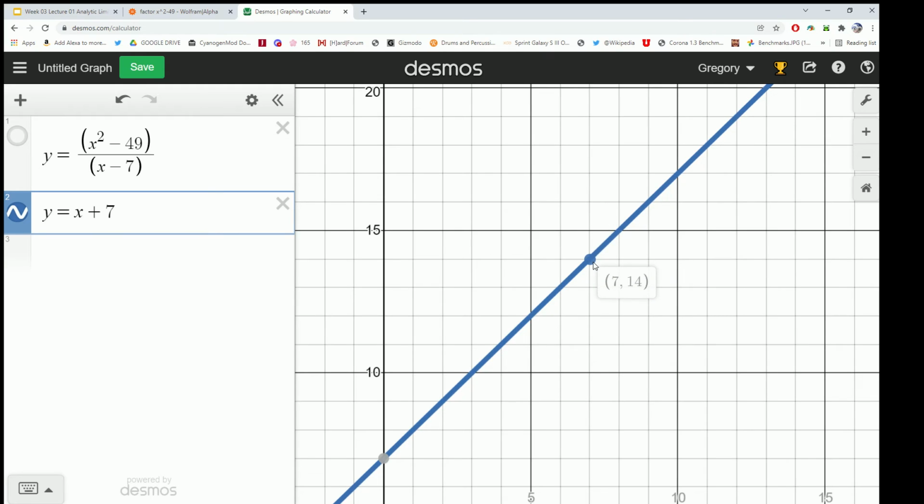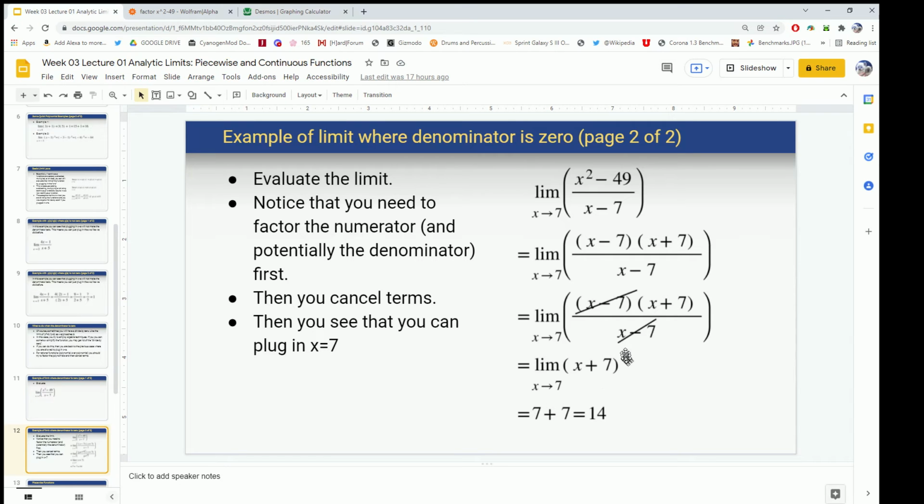On the blue curve, you get 7 comma 14. On the red curve, you get 7 comma undefined, right? These are really the same function. The only thing is that the first one, x squared minus 49 over x minus 7, has a divide by 0 at 7. So it doesn't exist. And that's what we're fixing.